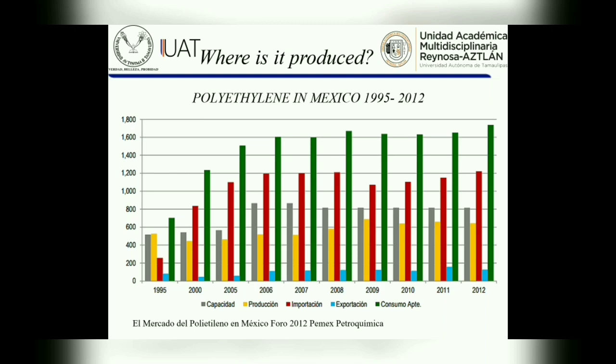The importation varies from 1995 to the 2000s, and then increased but remained the same. The exportation is very low, the blue one, as we can observe, and the green one is the consumption, which did change between 1995 and the 2000s, and this means that we need more production of polyethylene in this country.